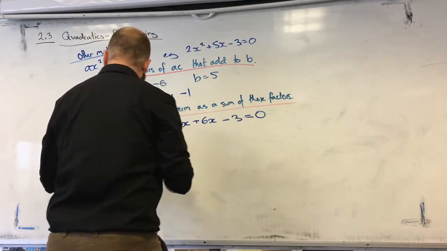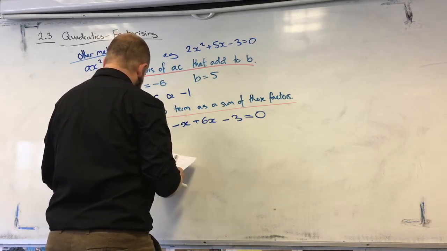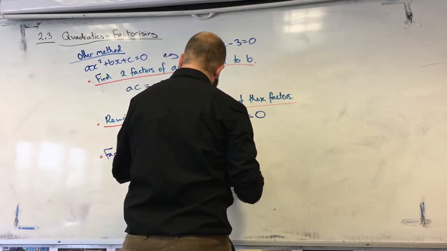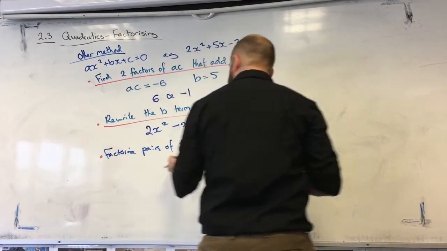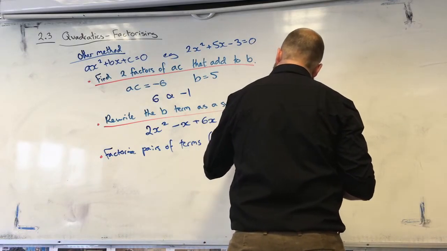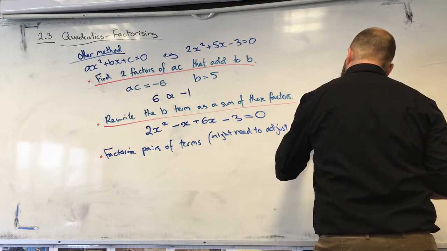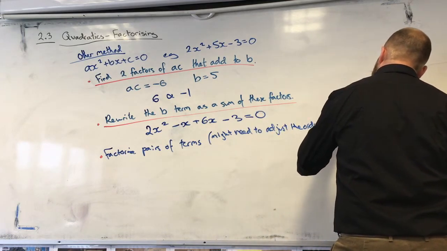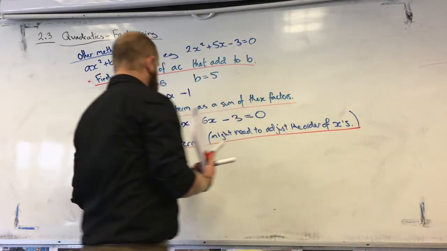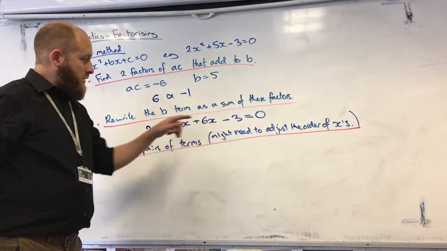And the last step is factorise pairs of terms. And to do this, you might need to adjust the order of x's. So we're going to factorise these. I've put them in the right order already, that's why I changed it just now.